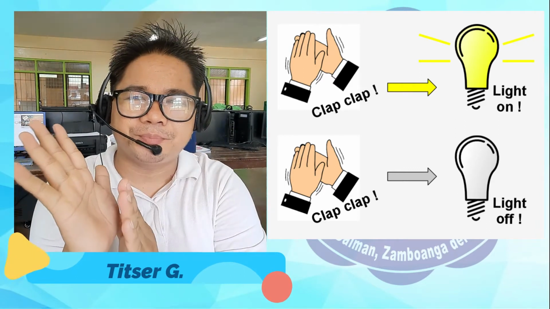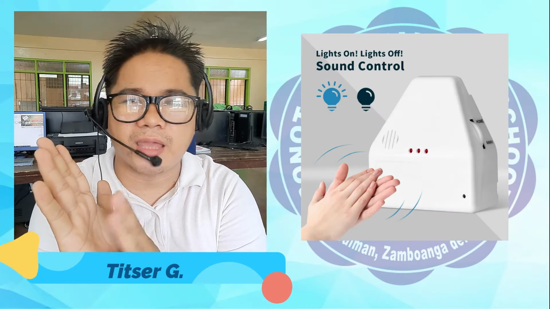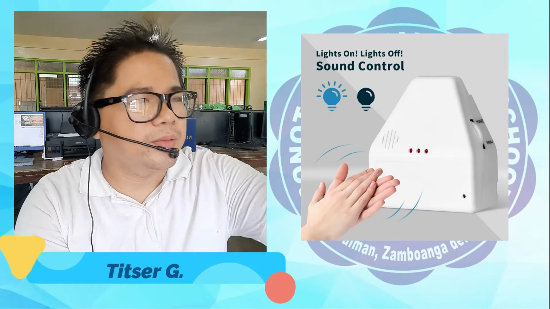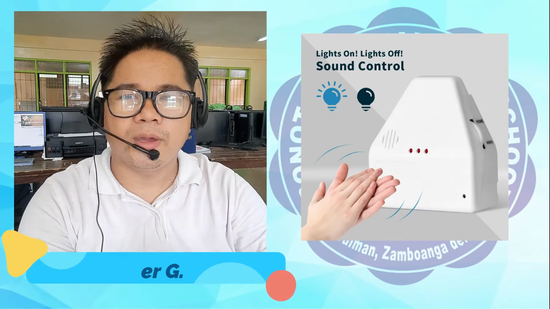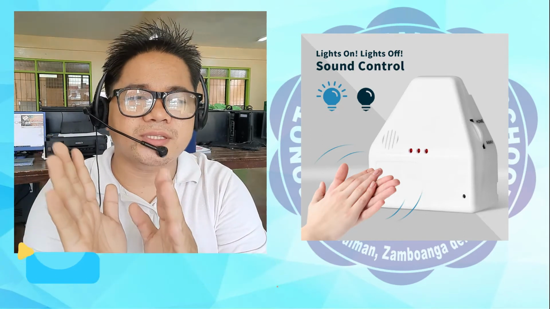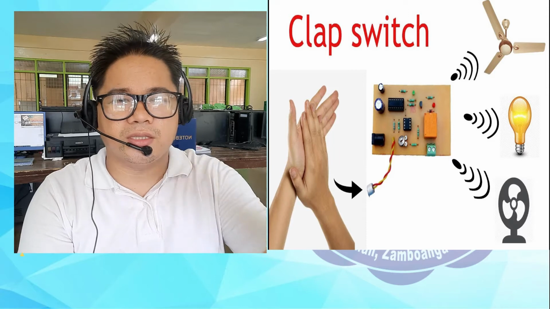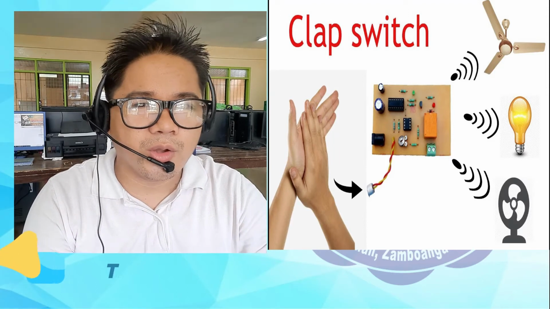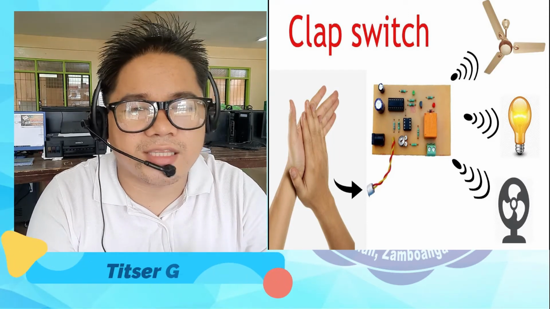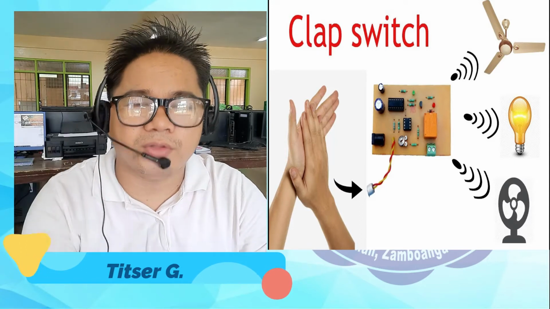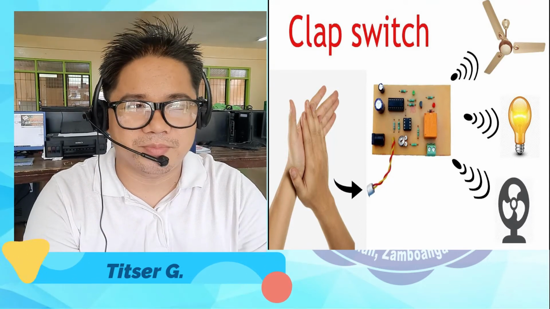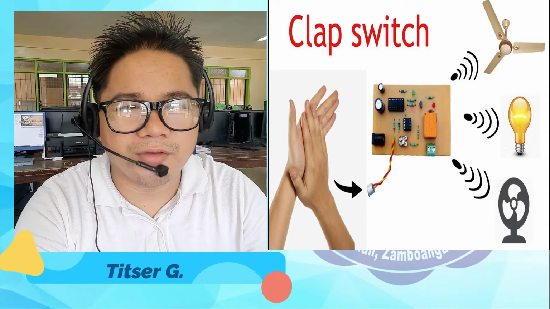When he claps his hands two or three times again, the music turns on. When he claps his hands one time, let us say the air condition turns on. Or when he claps his hands several times, everything turns off. Something like that. And you think, wow, it's so advanced.